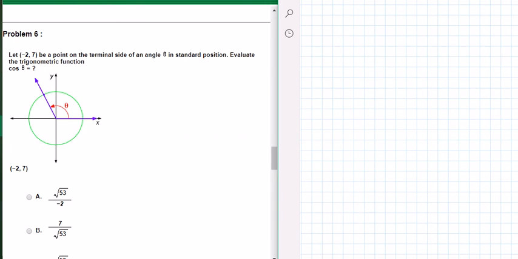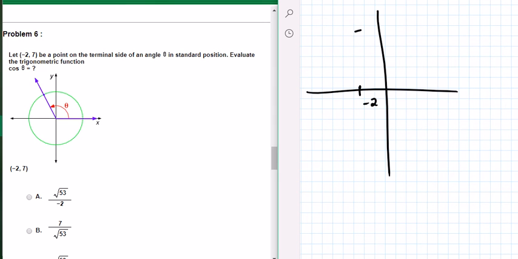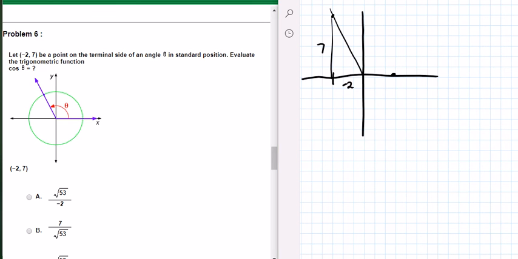In problem 6 here, I've got (-2, 7), negative 2, up 7, just about. Keep in mind, this is a horrible drawing. Alright, and here's theta, here's my right angle. I'm redrawing this for you guys.